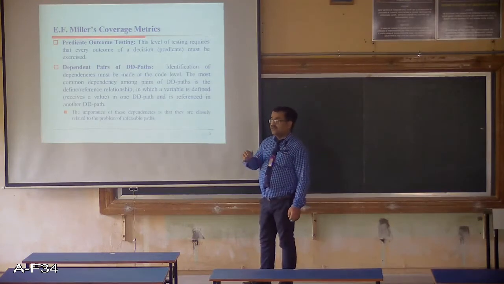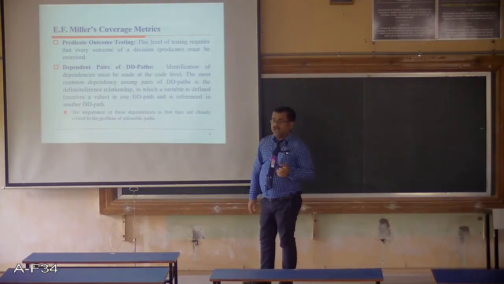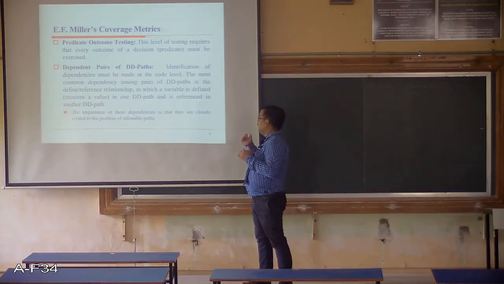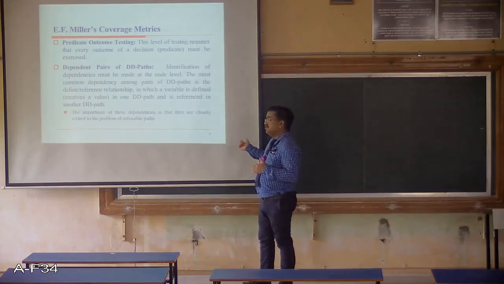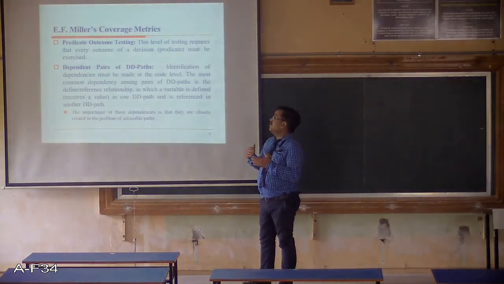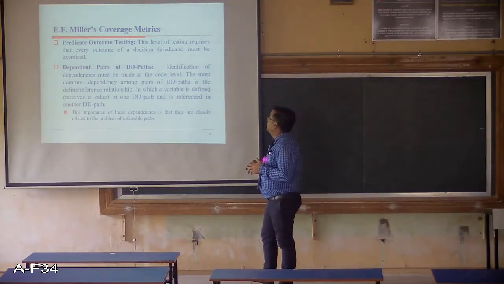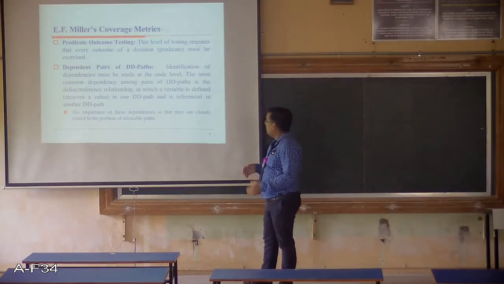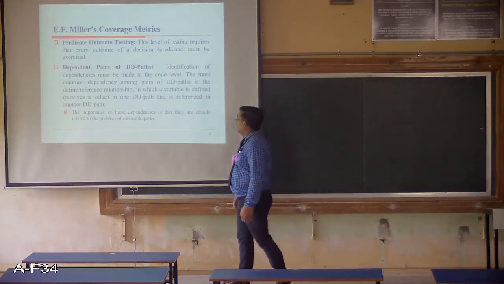So if we define the variable, or assign some value to the variable, in one DD path and we use or reference that particular variable in some other DD path, then those two DD paths can be termed as the dependent pairs.